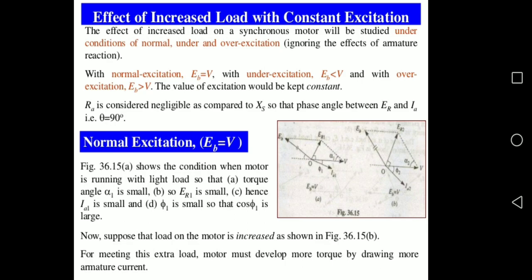So in the figure we see Eb equal to V, even though load is low and excitation is normal, Eb is nearly equal to V. In this condition, the resultant EMF is the vectorial difference between the back EMF and the supply voltage.